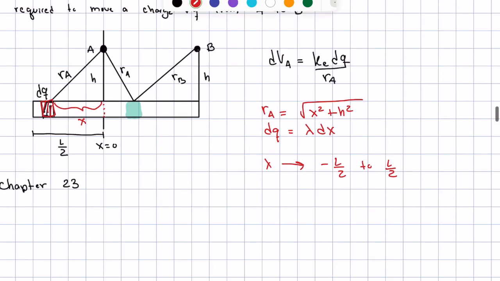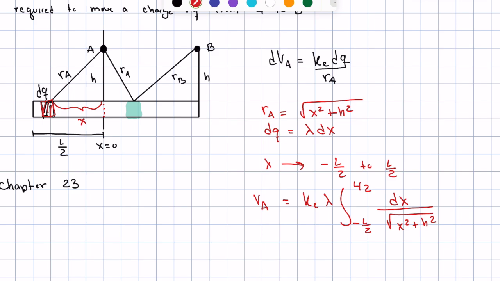I can plug everything in together and write out my integral, where I get VA, the potential at point A, is equal to ke lambda, the integral from negative L over 2 to L over 2 of dx over the square root of x squared plus h squared. Okay, so that is the integral.